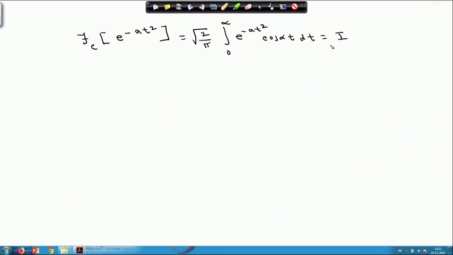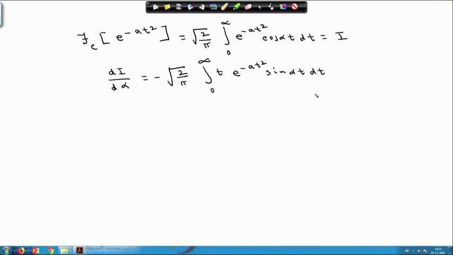Now, if I differentiate this with respect to alpha on both sides of the given equation, you will obtain dI/dα equals minus root over 2/π ∫ from 0 to infinity. If you use differentiation under the sign of integration, you will obtain t e^(−at²), because cos(αt) is there, and here you will obtain sin(αt) dt.